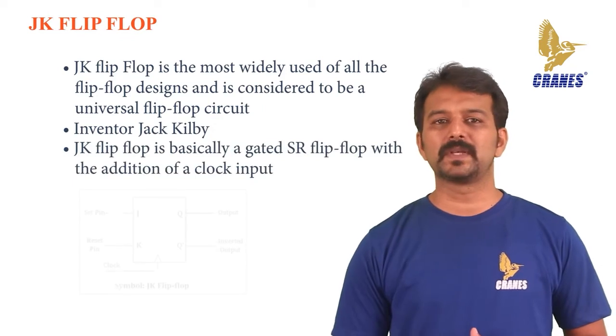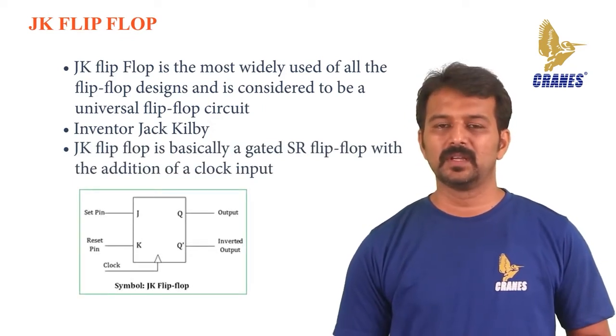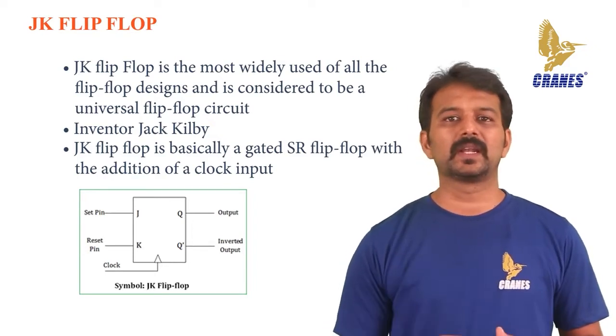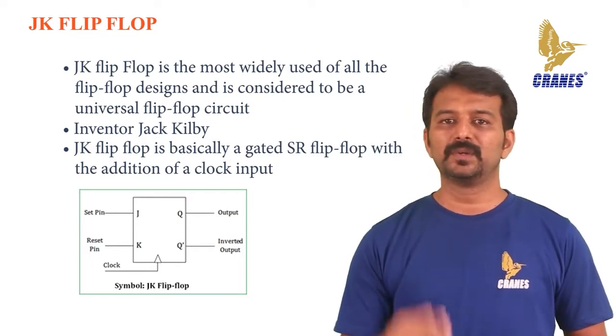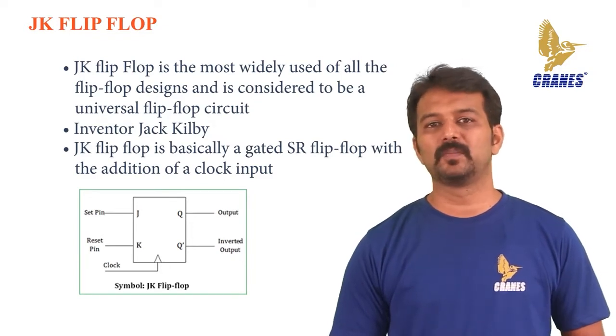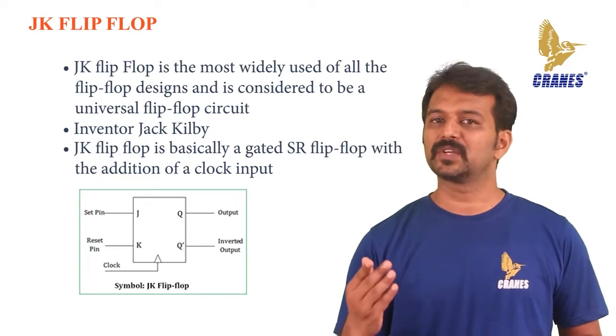The JK flip-flop is basically a gated SR flip-flop with the addition of a clock input circuitry that prevents the illegal or invalid output condition that can occur when both inputs S and R are equal to logic 1. Due to this additional clocked input, a JK flip-flop has 4 possible input combinations: logic 1, logic 0, no change and toggle.